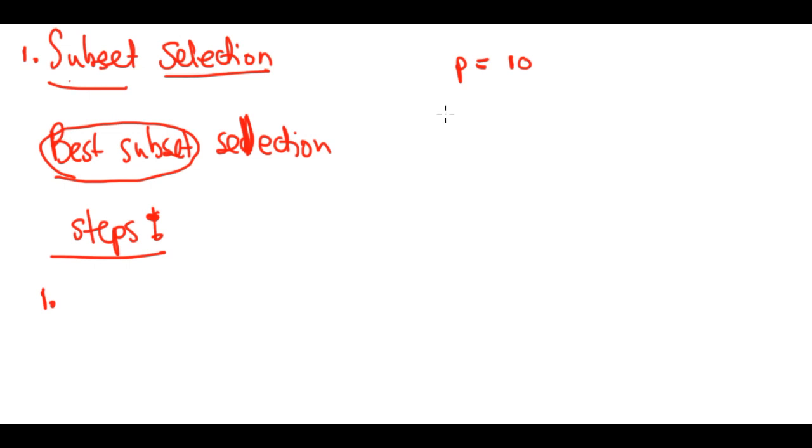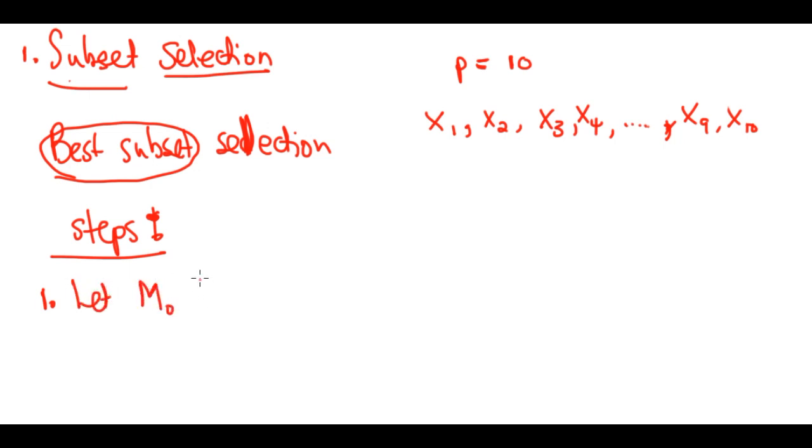Our predictors are x1, x2, x3, x4, all the way up to x9 and x10. Those are the predictors that we have. So step number 1, let M naught be what is called the null model.